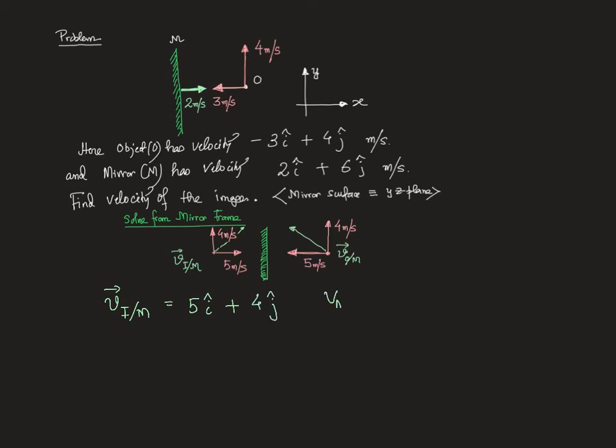Now the velocity of the mirror is how much? 2 i cap. I have not added that 6 j cap. Obviously that component doesn't contribute. So the velocity of the image is equal to the velocity of the image with respect to the mirror plus the velocity of the mirror. So that is 7 i cap plus 4 j cap. So the image moves with a velocity of how much?